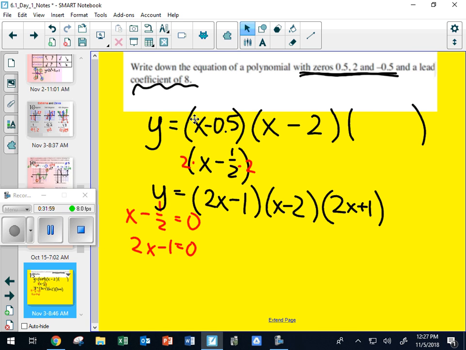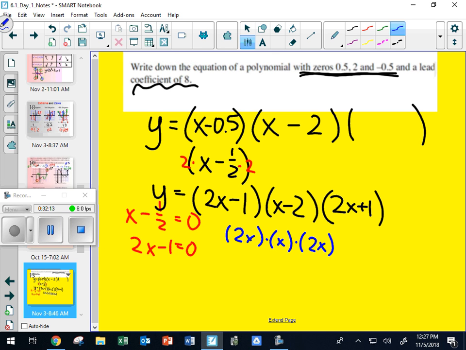Now, our last problem, we want a leading coefficient of 8, right? If we look right now at what we currently have, we have a 2x times an x times a 2x. What does that give us in terms of a leading coefficient? It's just 4, right?